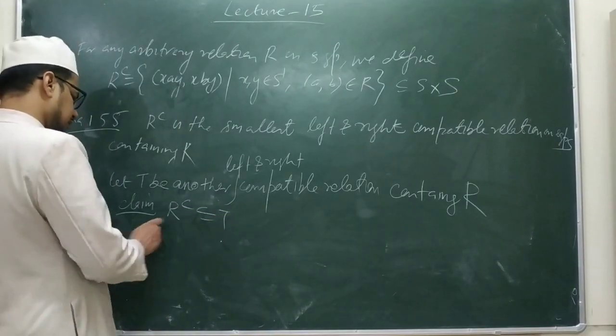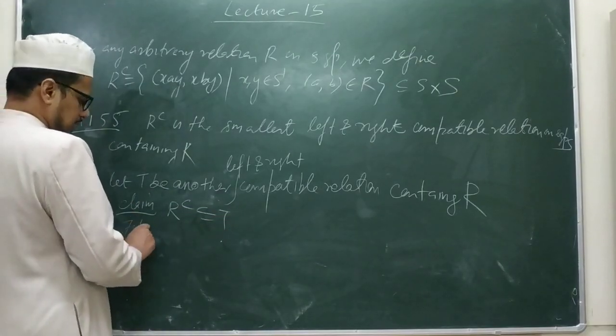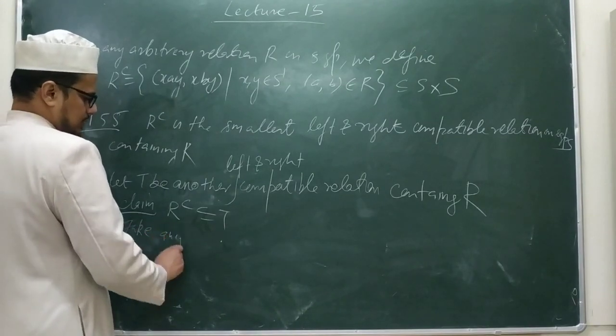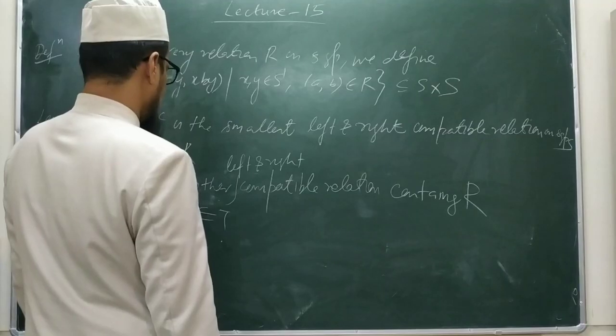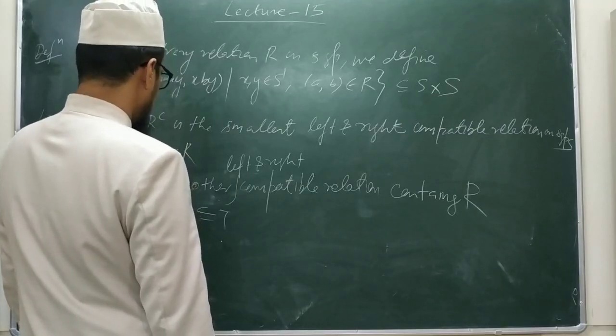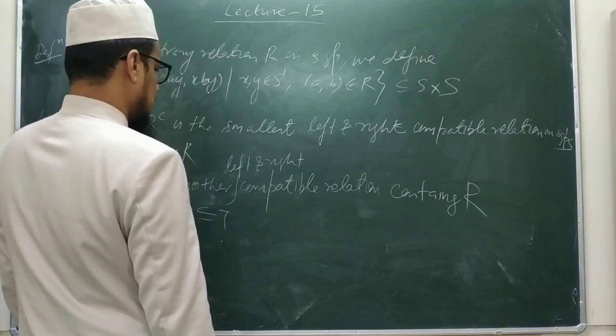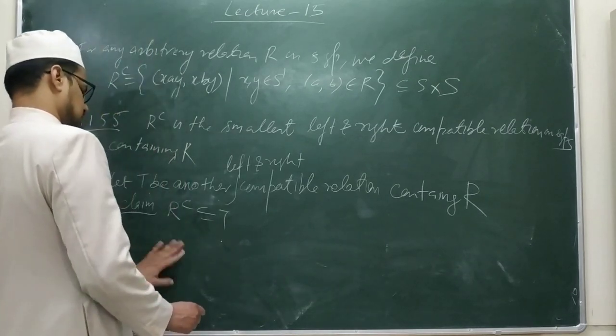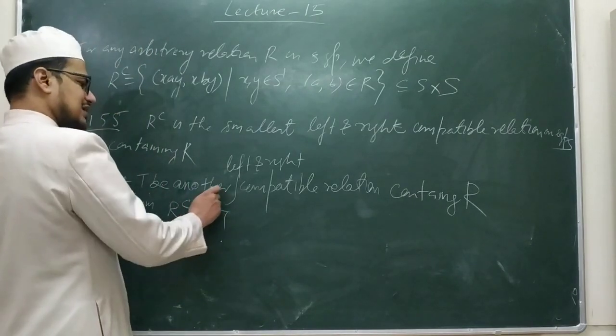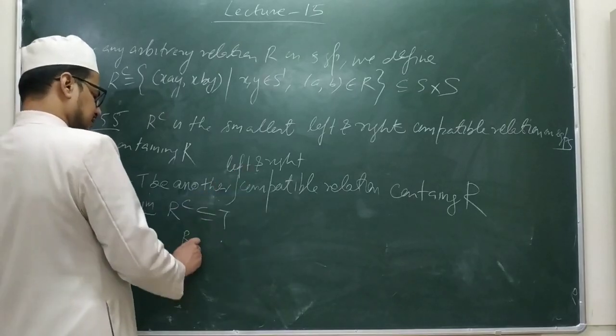So you assume that T is another left compatible relation containing R. That is what we have.